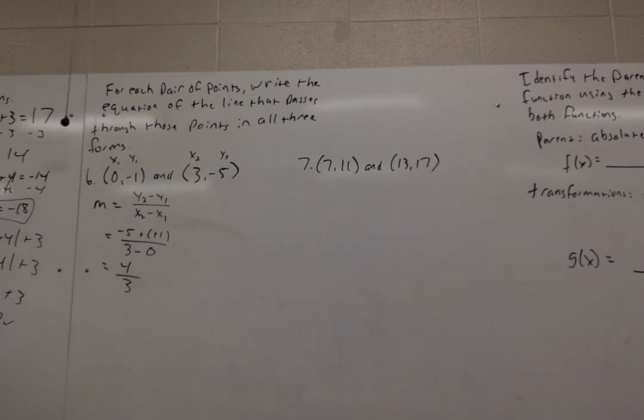I do want to start with point-slope form, but I have my y-intercept right here, because the x value is 0. So even when I put it in point-slope form, I can just go straight to my slope-intercept form because -1 is going to be my b. Okay?